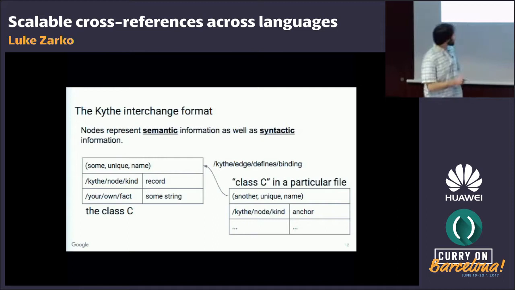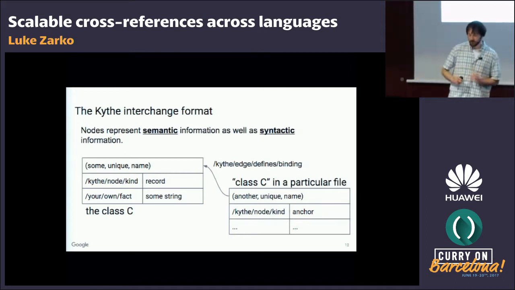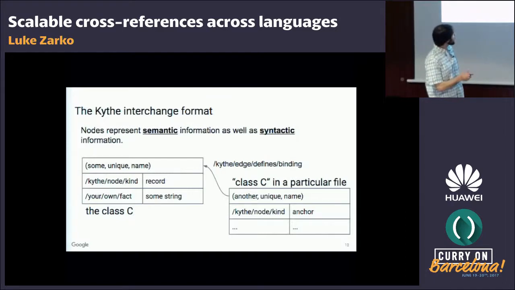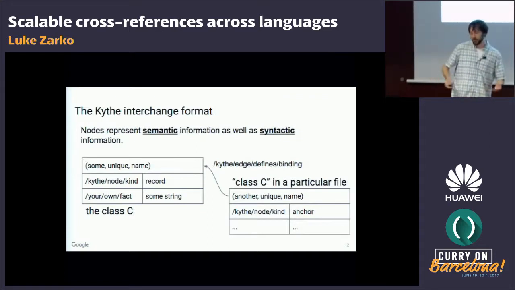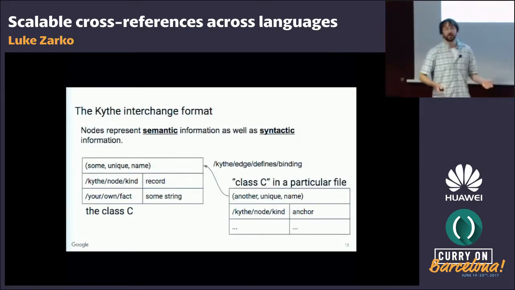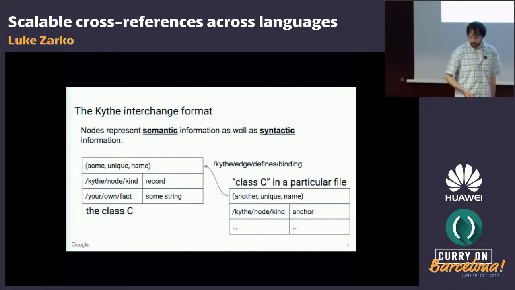So somewhere you will utter class C. We have a node in our graph that says, this span of text in a source file gives rise to this node. And the way that we represent that is with an edge between the syntactic node and the semantic node, and we call that edge defines binding. We sometimes call these spans of text anchors, just like in HTML you have anchors.